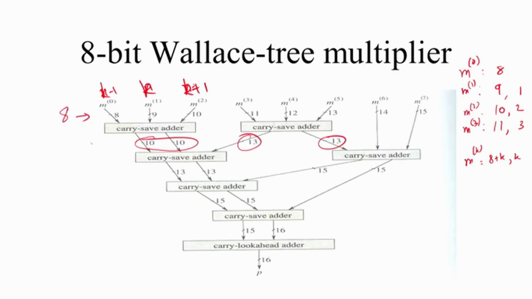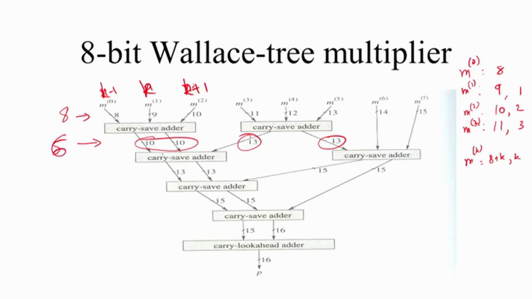I took the first 3 numbers and made it 2, I took the second 3 numbers and made it into 2, and then there are 2 more left. So now I have made it 1 2 3 4 5 6, sorry, 6. So 8 numbers I actually made into 6.